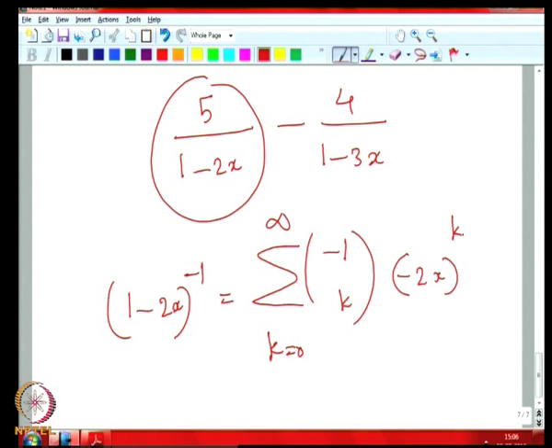And if you want 5 times this, there will be 5 here.